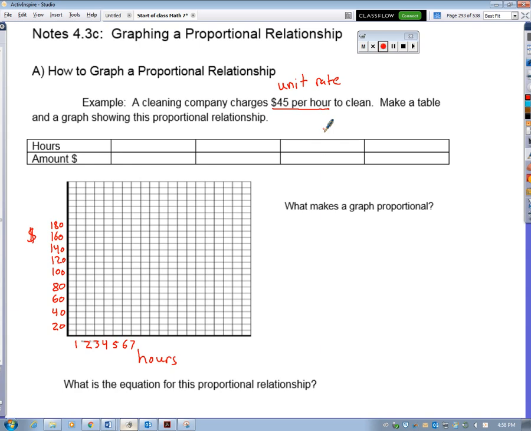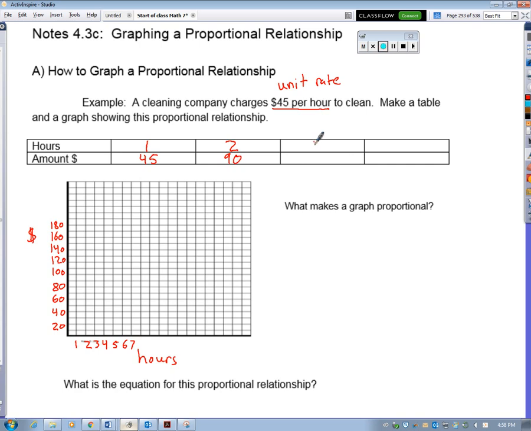So what we want to do is take this $45 per hour and make that into a table. Okay, so here we have our table. If this company cleans for 1 hour, they're going to charge $45. Let's move on to 2 hours. Let's see how much they charge. Well, 2 times 45 is going to give me 90.